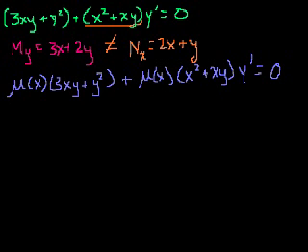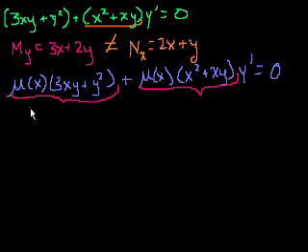So now if we consider this whole thing our new M, the partial derivative of this with respect to y should be equal to the partial derivative of our new N with respect to x. So what's the partial derivative of this with respect to y? Well, if we're taking the partial with respect to y here, mu of x, which is only a function of x, is not a function of y, so it's just a constant term, right?